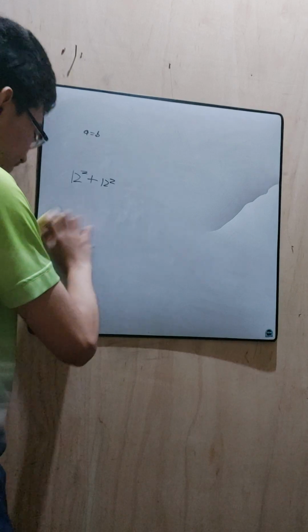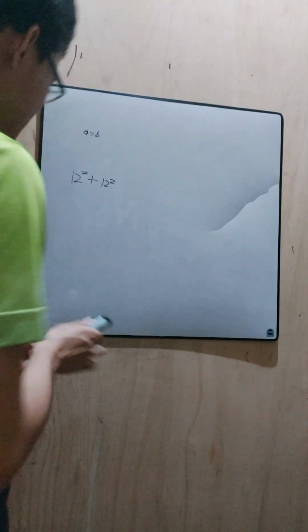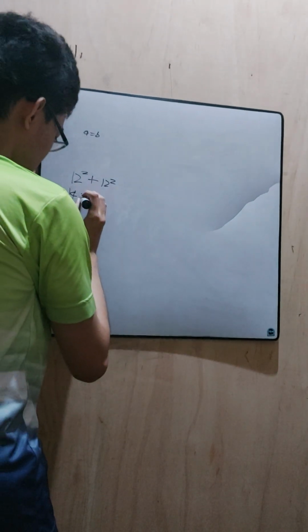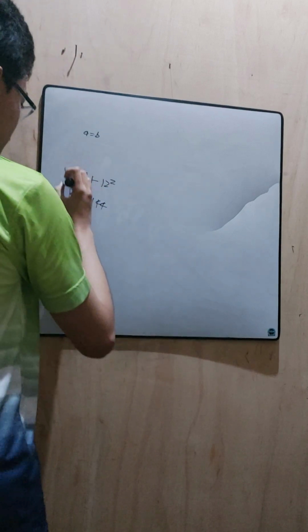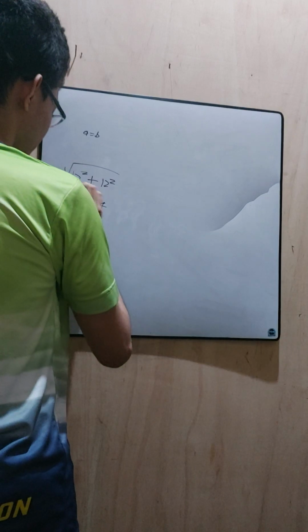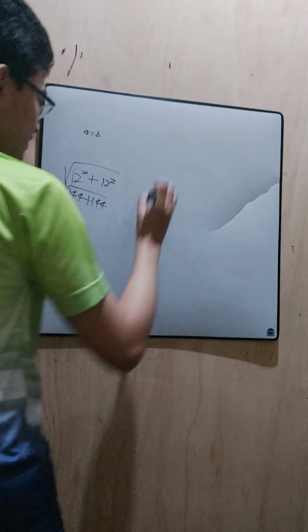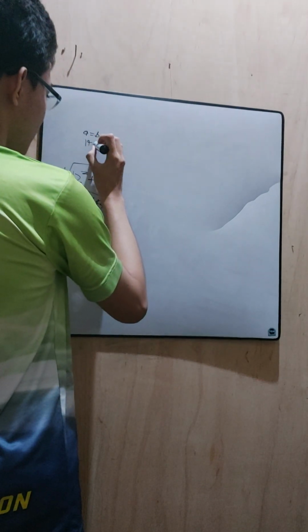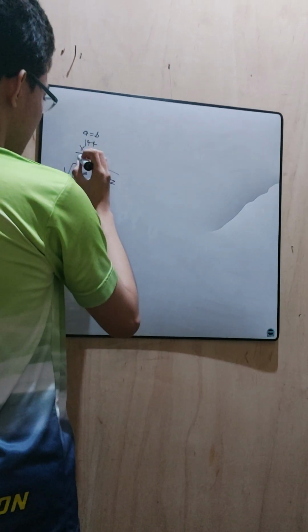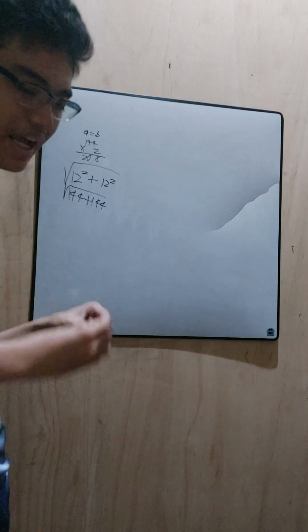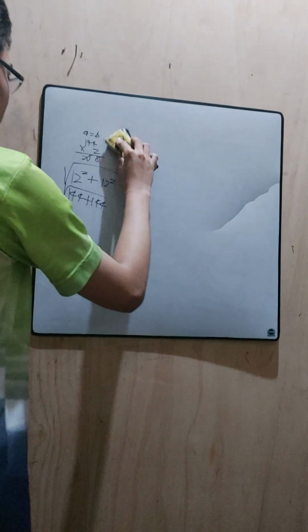Yippee. Okay, 144 plus 144. Gotta put a square root in there now. So that's technically 144 multiplied by 2. So 4, 8, 8, and 2. So 288.